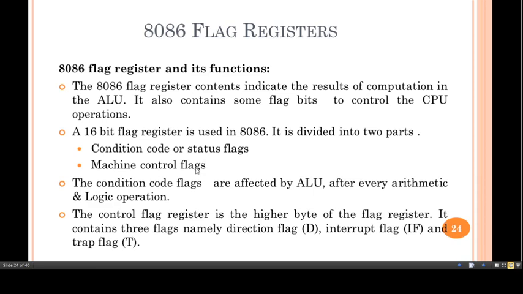Next is machine control flags. As we have seen, some flag bits are reserved to control the CPU operation. Such flags are called control flags, and there are three control flags: DF, IF and TF. That means direction flag, interrupt flag and trap flag.